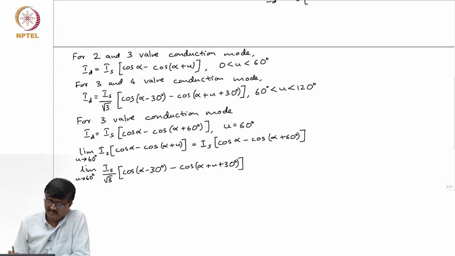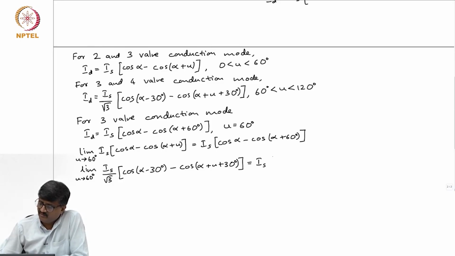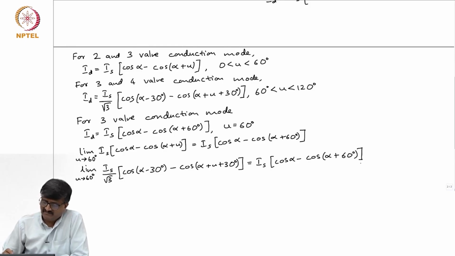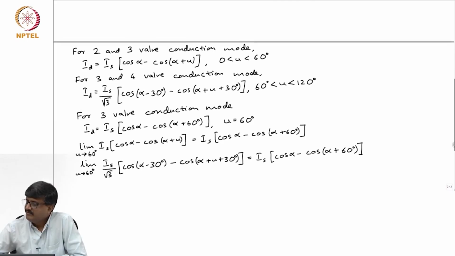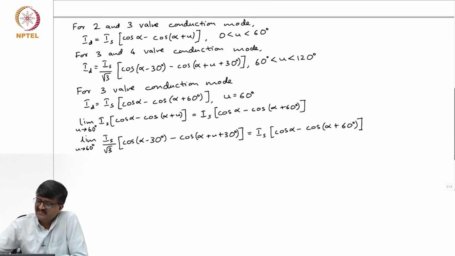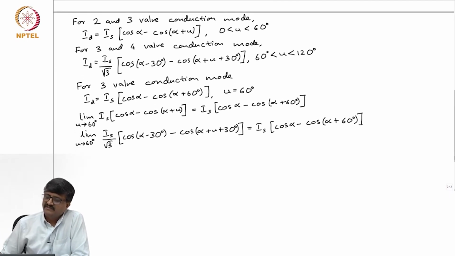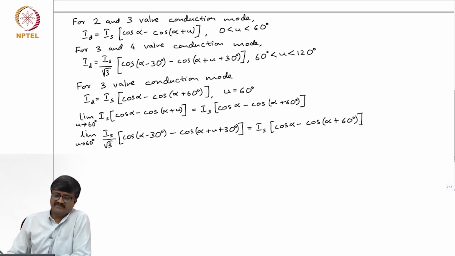So we are trying to show that it is valid even if u is equal to 60. It can be proved that this is also equal to IS cos alpha minus cos(alpha plus 60 degrees). This is not as obvious as the previous case, but I would leave it to you to show that this is true. So whatever we got for u less than 60 degrees and u greater than 60 degrees is applicable for u equal to 60.